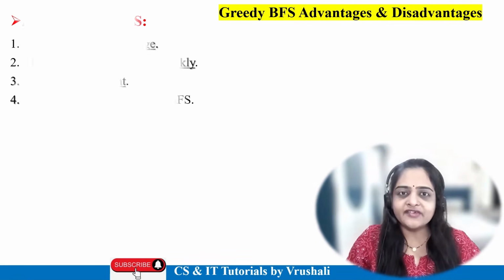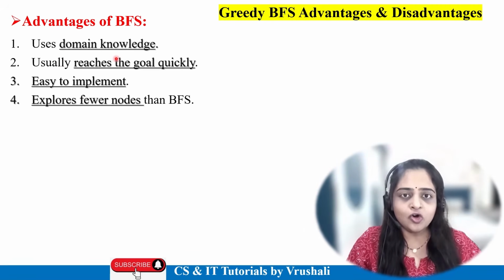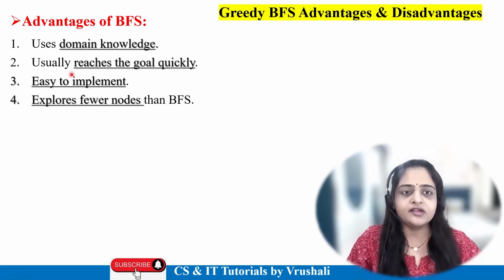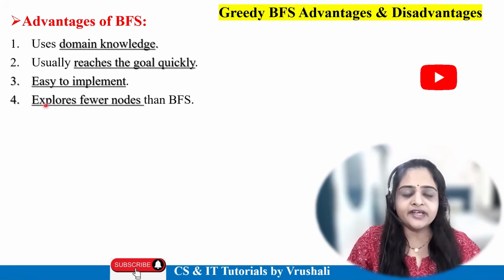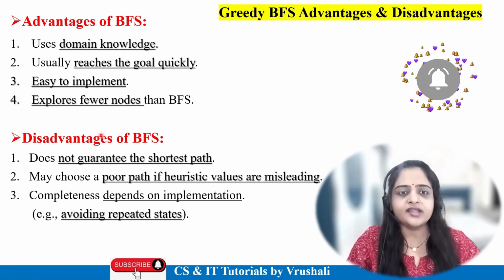Now what are the advantages and disadvantages of it? As per the advantages, the greedy BFS algorithm uses domain knowledge. It uses additional knowledge like heuristic value to find the shortest path or quickly reach the goal. Then it is very easy to implement and explores fewer nodes as compared to other algorithms.